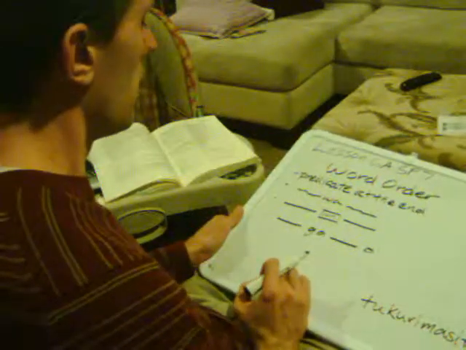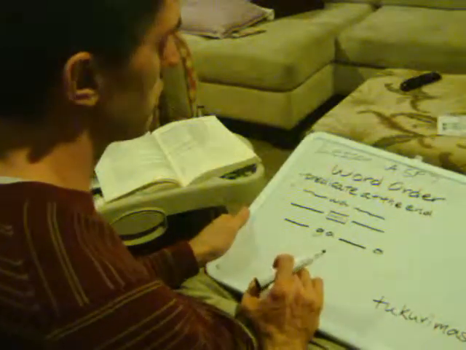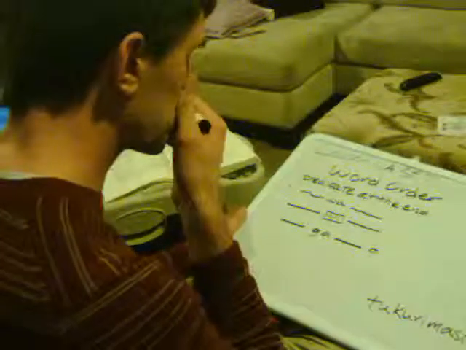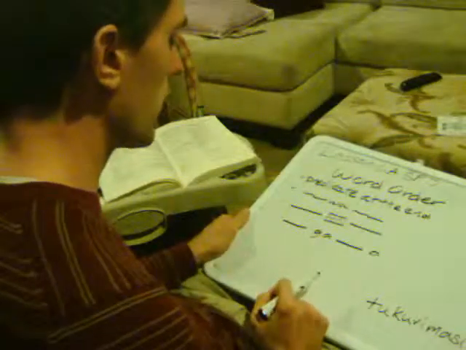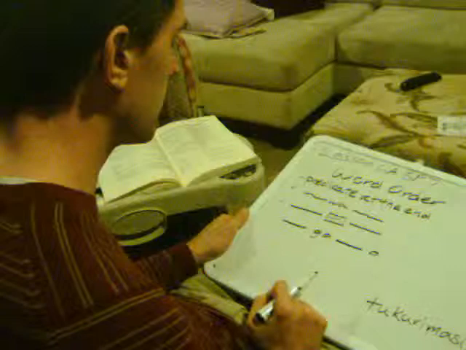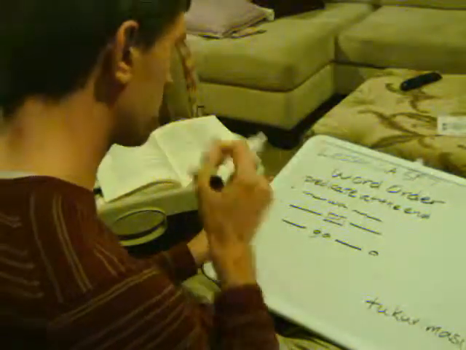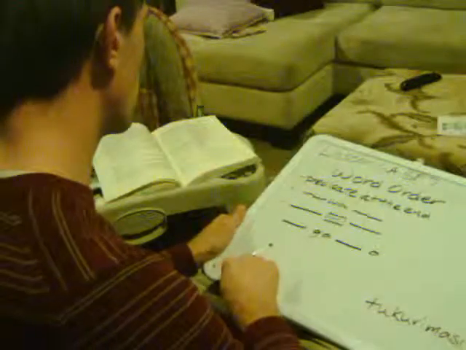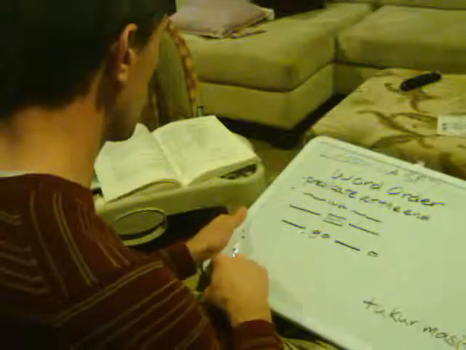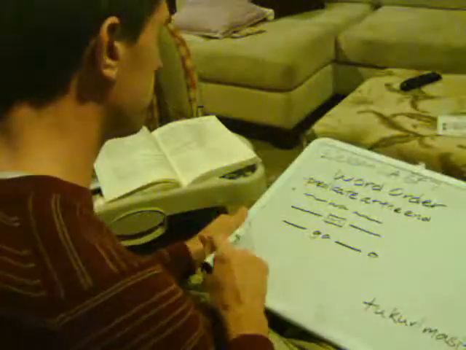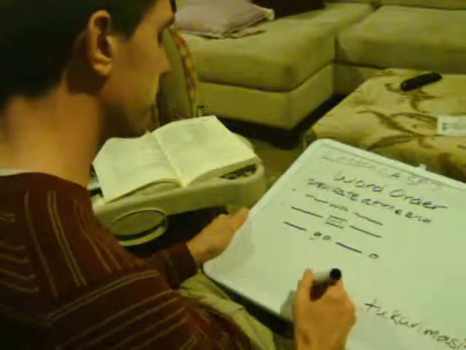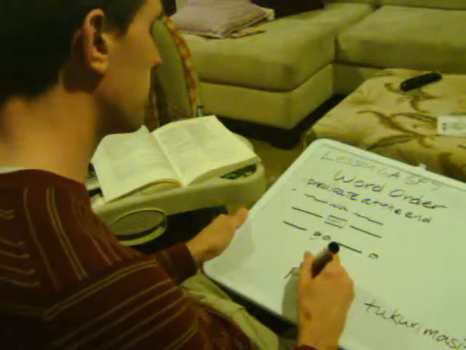All right, so what did we make? Okay, let's see. What do you want to make? Why don't we make pudding this time? So then we have pudding.